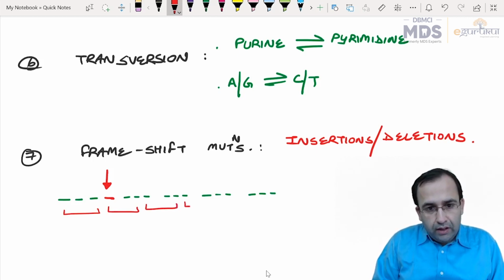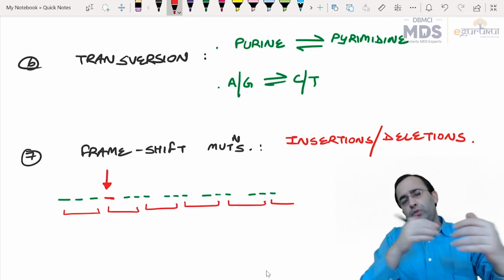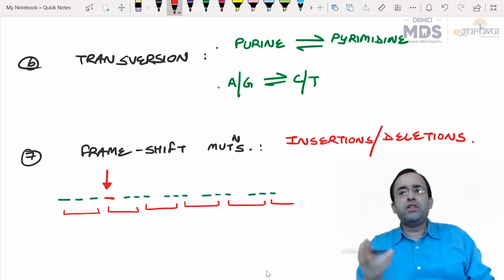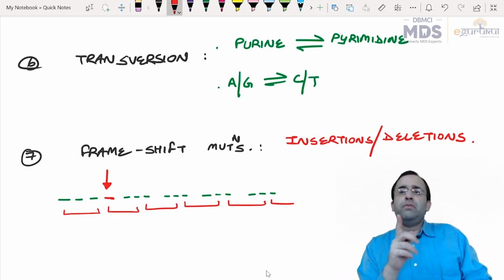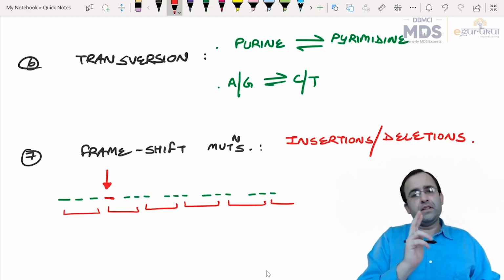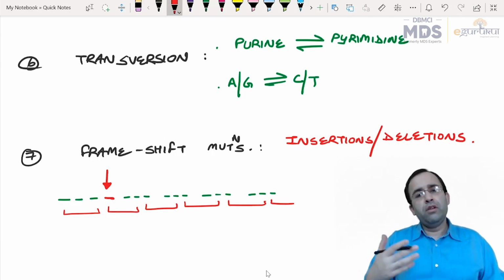This is called as frame shift mutation. पूरा रीडिंग फ्रेम शिफ्ट हो गया है. This is a frame shift mutation, occurs because of insertions or deletions. So these were the types of point mutations.